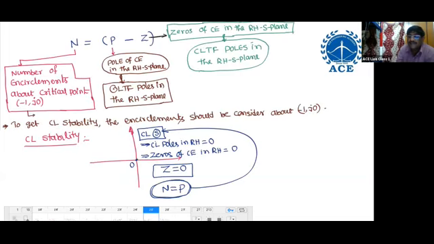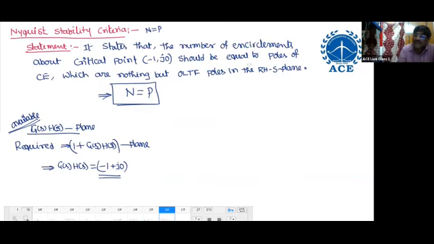Zeros of the characteristic equation are called closed loop transfer function poles, correct. But for closed loop stability, N equal to P. P is the poles of the characteristic equation, not zeros, which are called open loop transfer function poles in the right of the S plane.